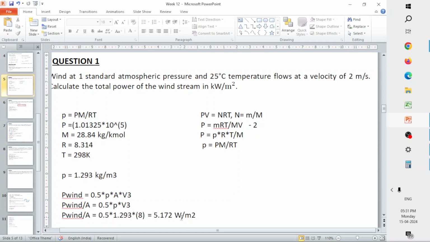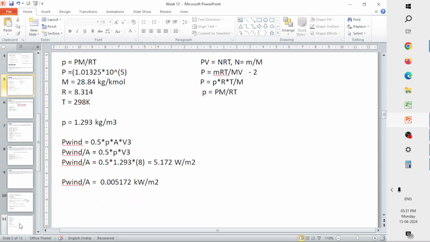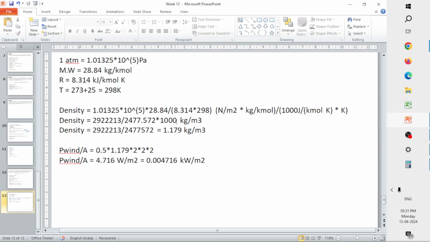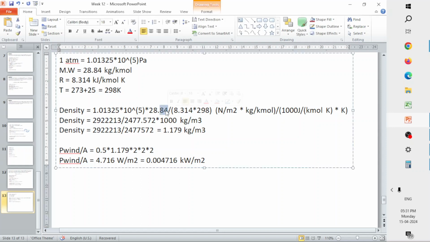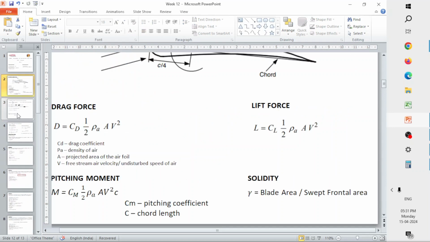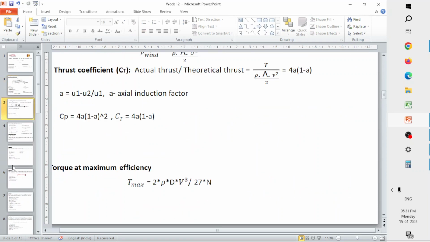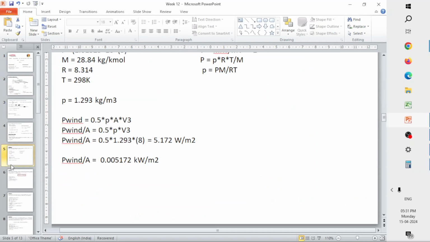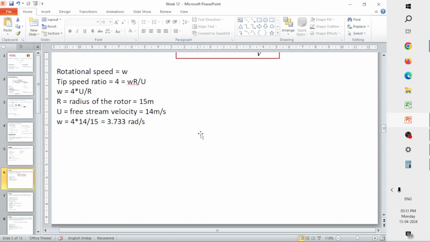But if you take other contributions also, then you have to take the molecular weight of air as 28.97. So it's better I write it here as 28.97. It won't create much difference in the value, but still it is better to take 28.97 and then solve.